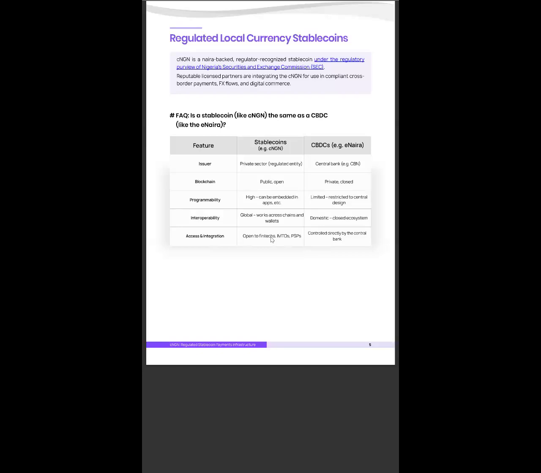and we can reach more people in the sense that central banks are not maybe best suited for dealing with everyday consumers, right? Because they are the central bank. They are the final voice. They're the final regulator. So it's always good to separate church and state, if you like, right?